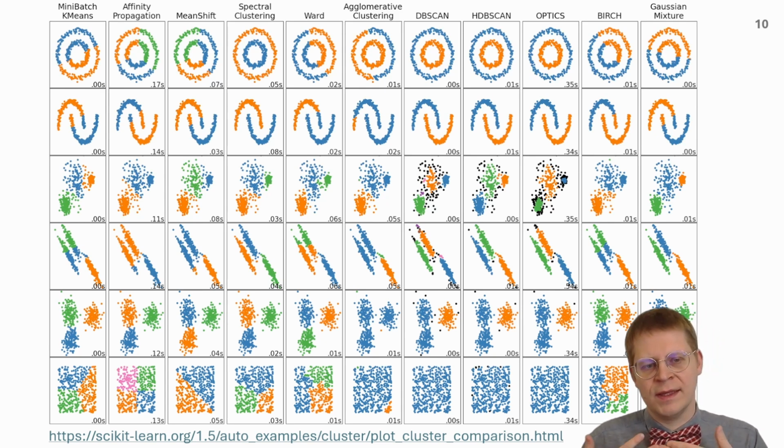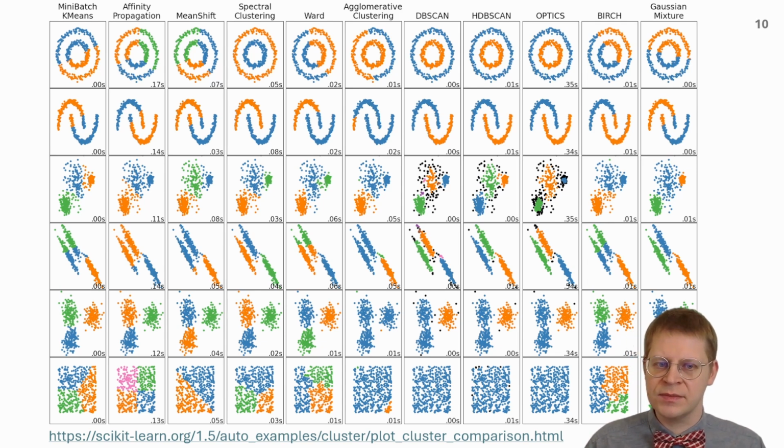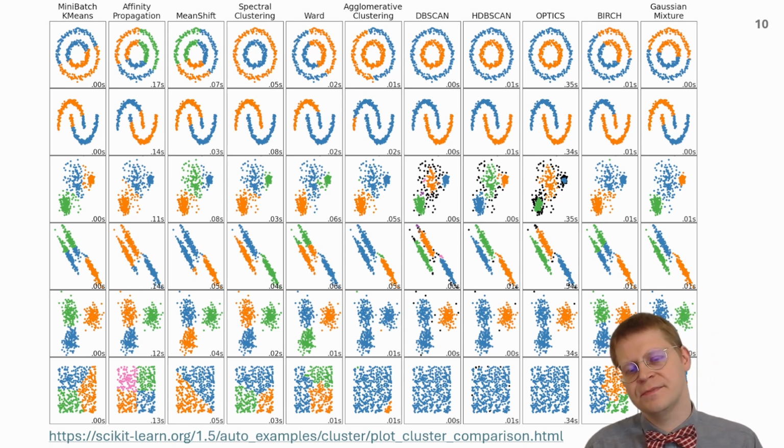While K-means is fast and simple, it struggles with non-spherical clusters. DBSCAN and HDBSCAN, hierarchical DBSCAN, are excellent for arbitrary shapes and noise handling, but parameter tuning can be tricky. Spectral clustering and Gaussian mixtures are more flexible but computationally intensive.